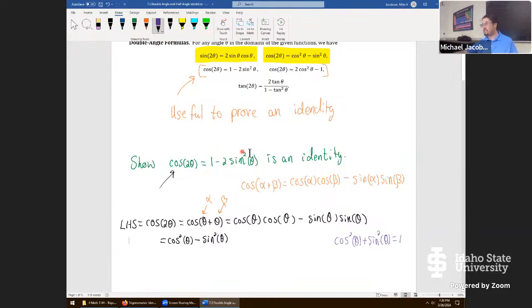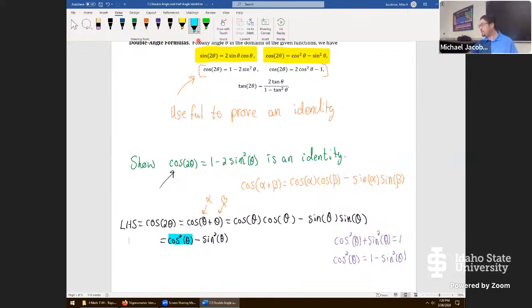But all we know for sure is there's no cosine squared. So my goal is to eliminate this right here through that identity. We can say cosine squared theta is equal to 1 minus sine squared theta, and just hope for the best. Let me do a little bit of highlighting.